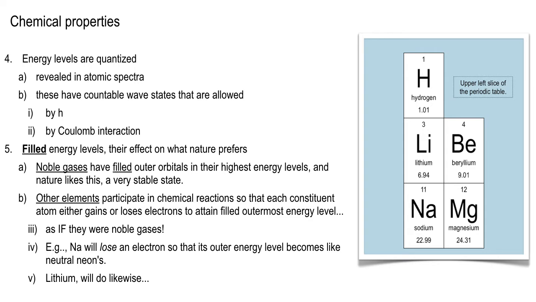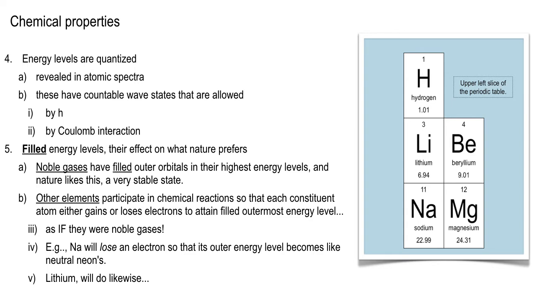So the noble gases have that property of not combining with other atoms because their outer orbitals are full. And that is what nature likes. Nature considers that a stable state.